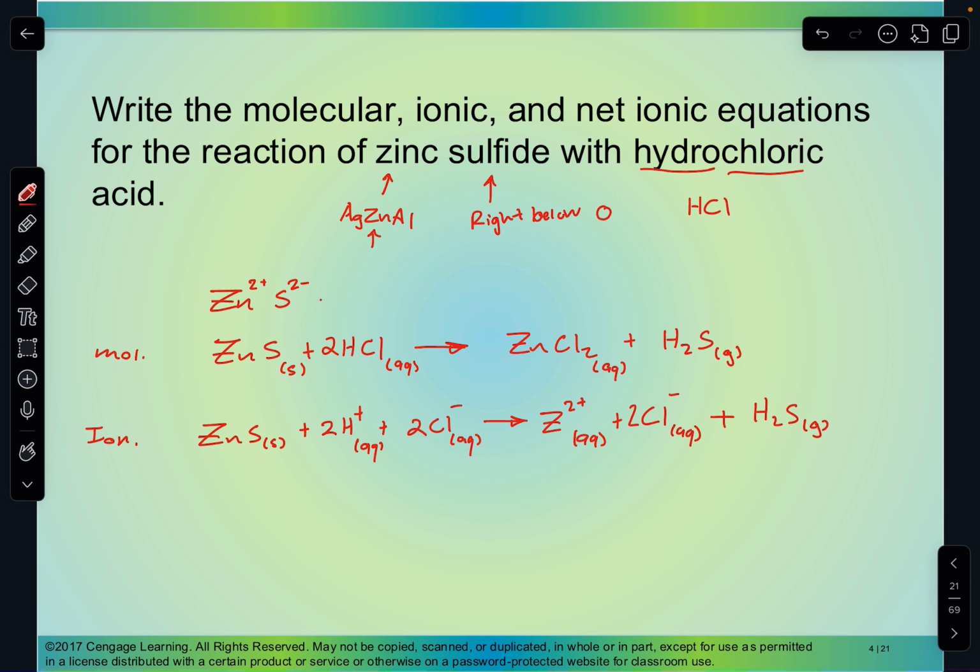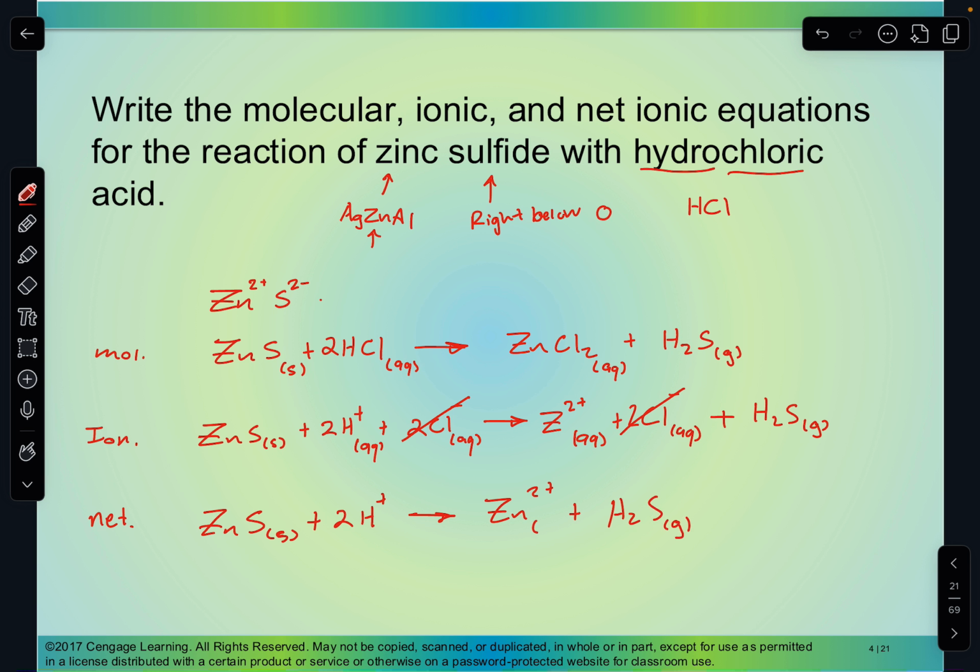Now we need to cancel out everything that is on both sides, which is just this 2Cl. And so our net is going to be ZnS, solid, plus 2H plus goes to Zn2 plus plus H2S. This is a gas.